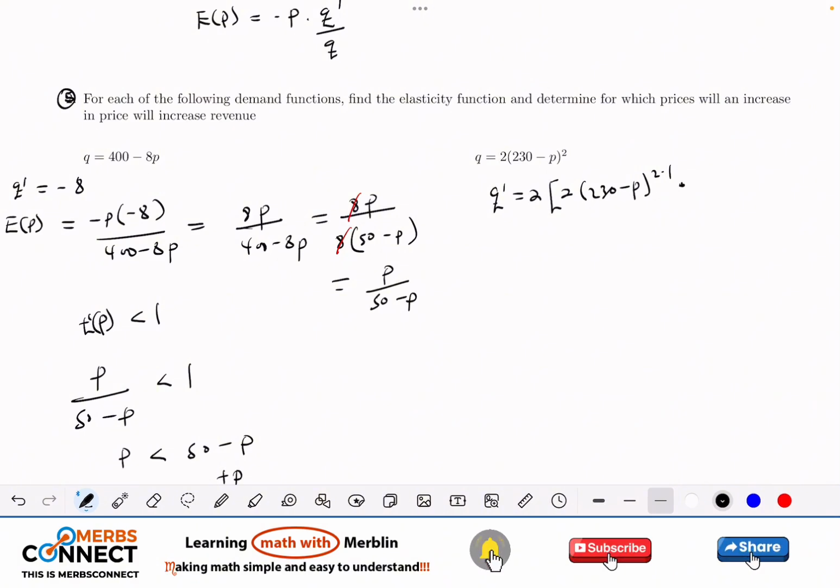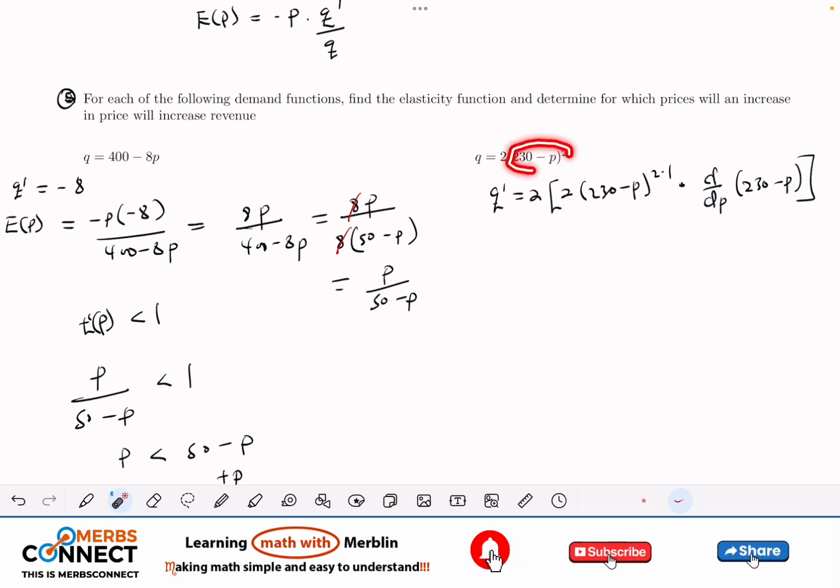I differentiate what is inside the bracket, which is going to give us d over dP of 230 minus P. So chain rule, 2 is here, then 2 drops down. I maintain the whole function here without the 2 because I factored the 2 out.